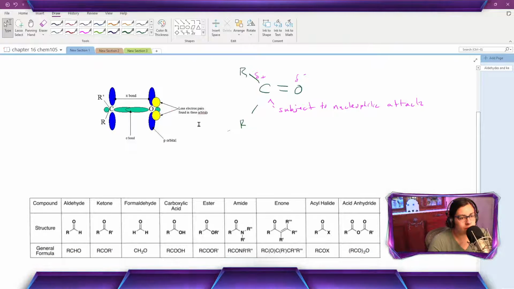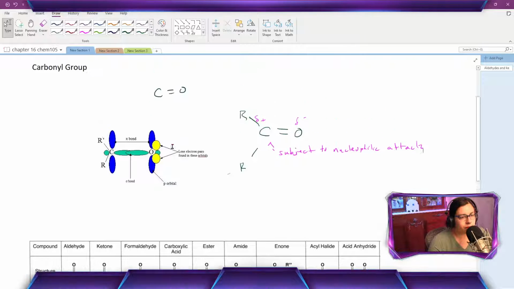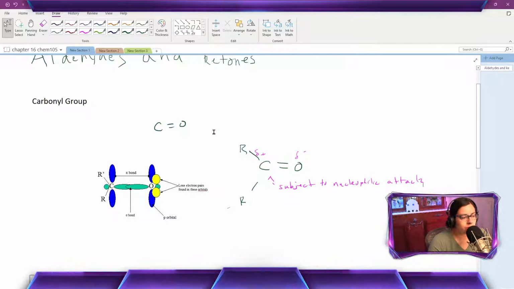And so this is also a polar bond. The CO stretch is also extremely characteristic. I know we don't go into this, but I'll just say characteristic. So you can characterize this.